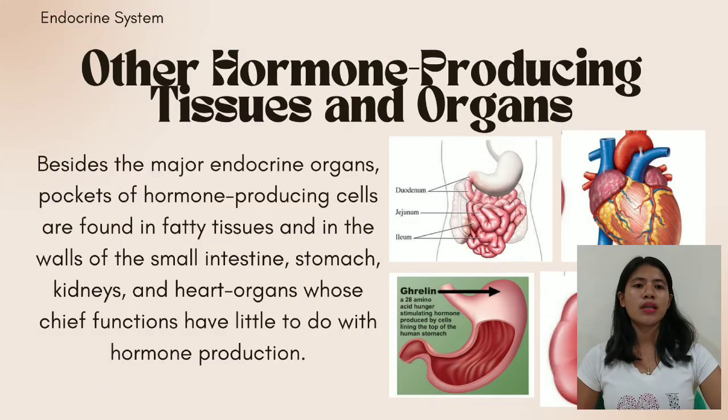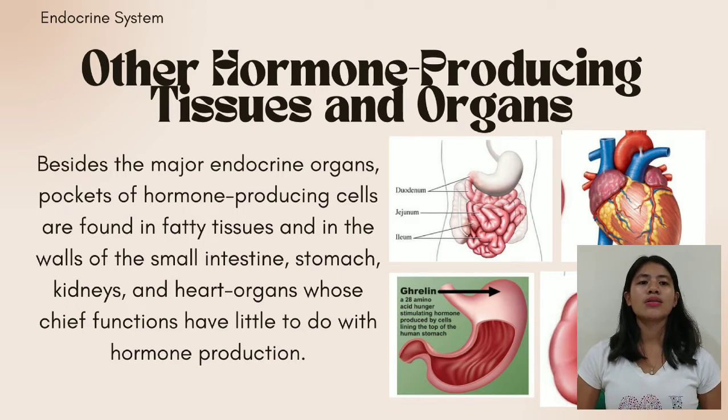So let's move on to the other hormone-producing tissues and organs. So maliban sa endocrine system or sa mga major organs or tissues of endocrine system, it has also packets of hormone-producing cells that are found in fatty tissues and in the walls of the small intestine, stomach, kidneys, and heart organs, whose chief functions have little to do with hormone production.